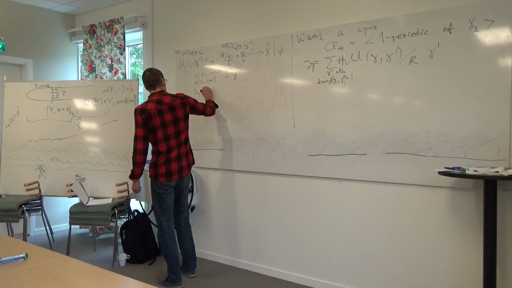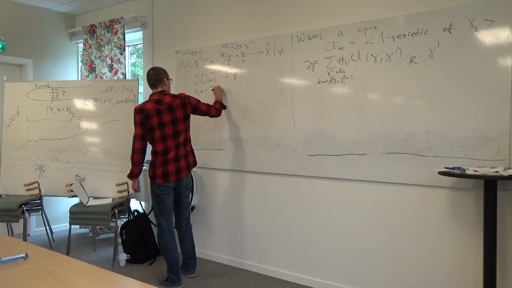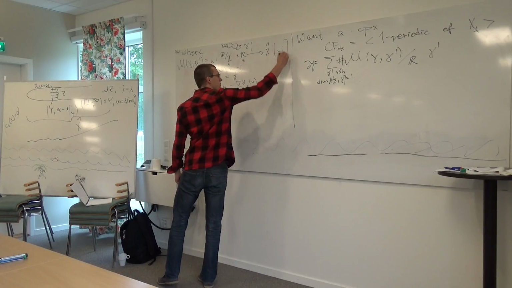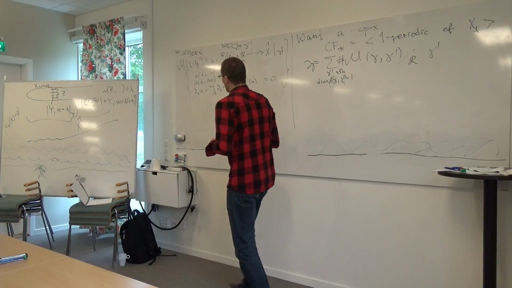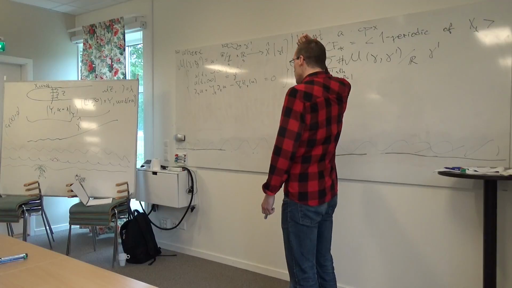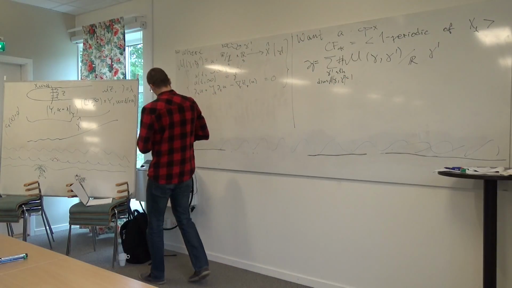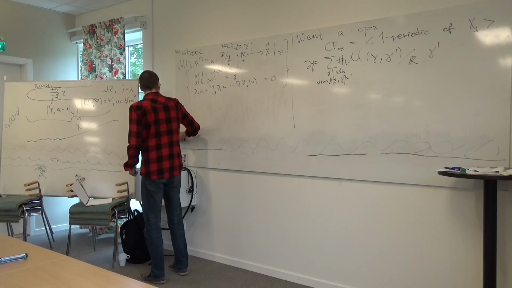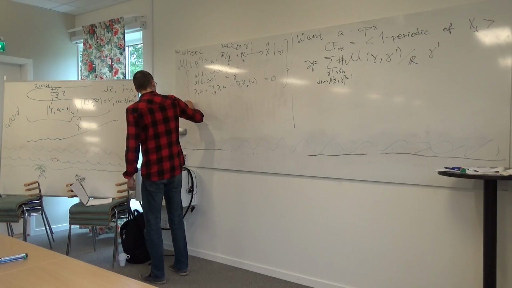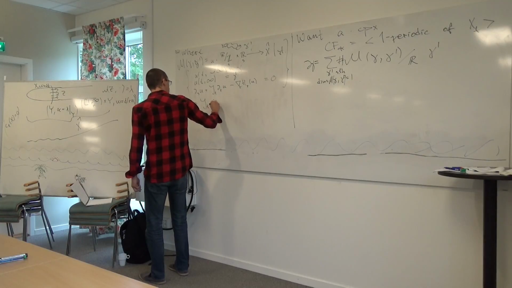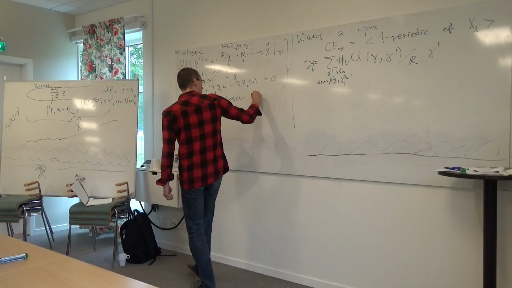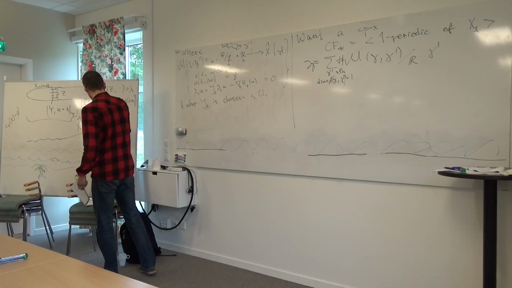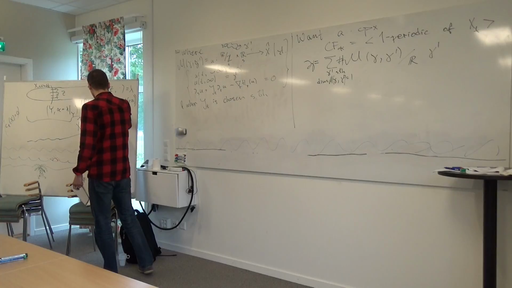So the J's. So at the end, the tangent space is essentially xi, which is the kernel, the contact distribution.